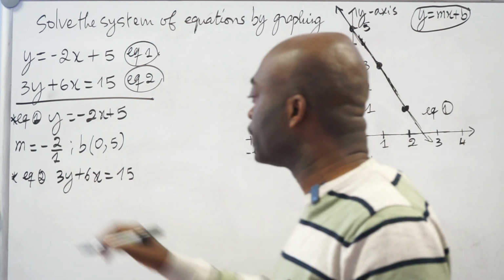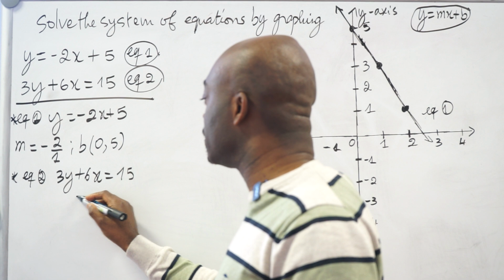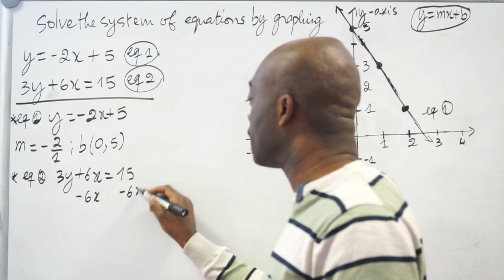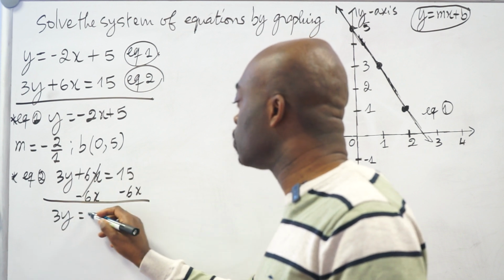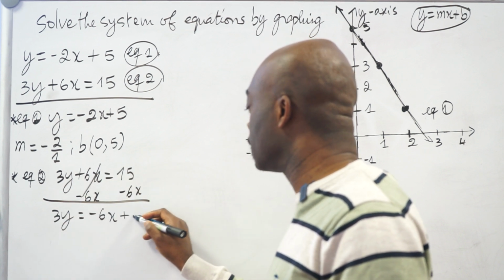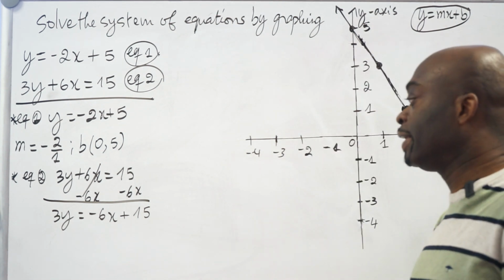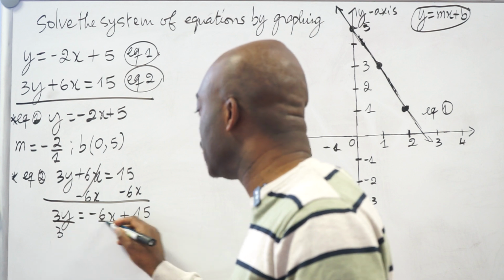So what are we going to get rid of? We're going to get rid of 6x, by subtracting 6x from both sides. So we end up with 3y equals negative 6x plus 15. And then we're still solving for y, so we're dividing everything by 3.